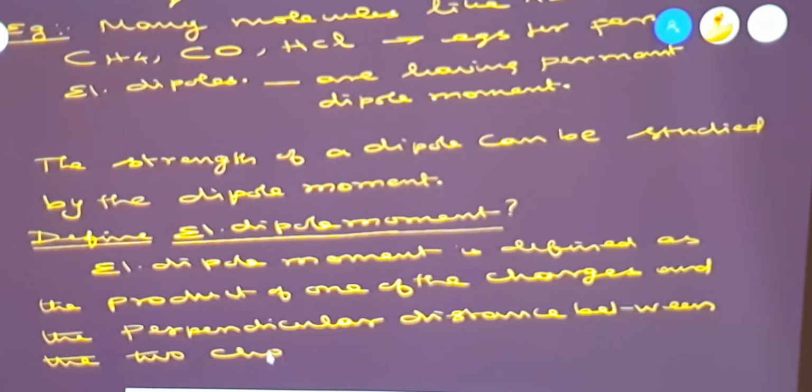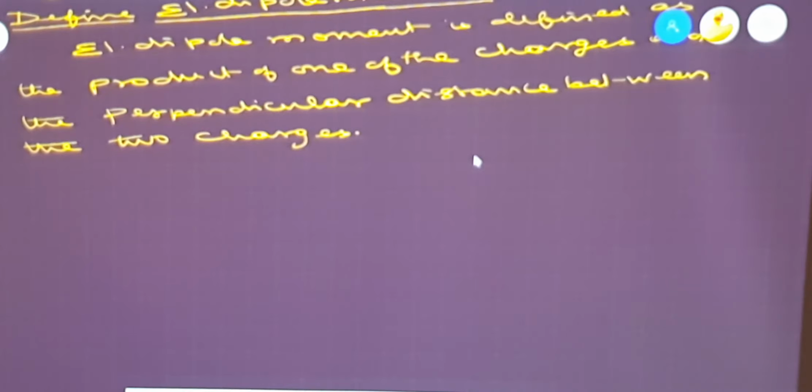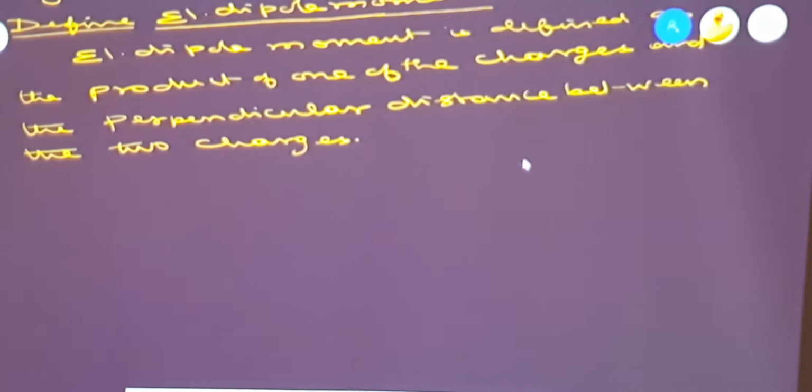This we are calling the definition for electrical dipole moment. Electrical dipole moment is defined as the product of one of the charges, out of the two charges you consider one of the charges, and the perpendicular distance between the two charges.